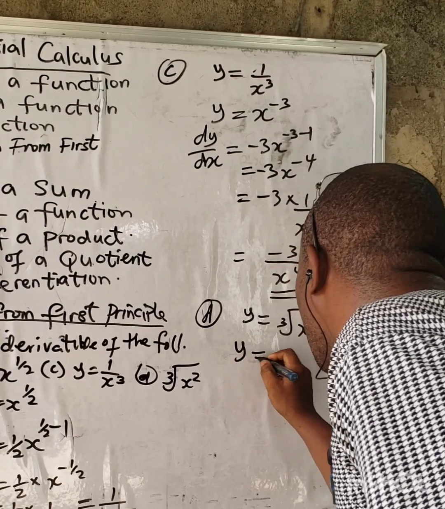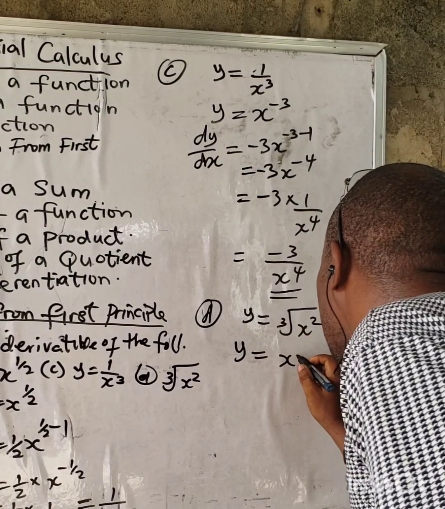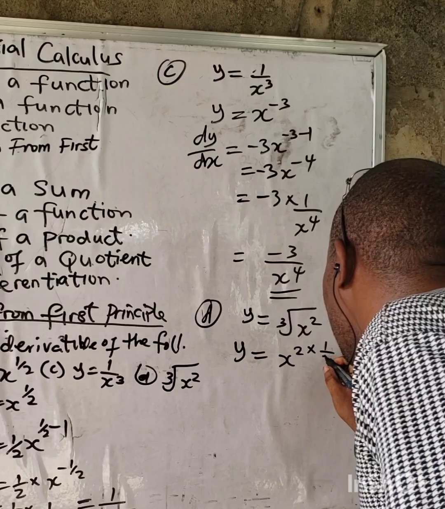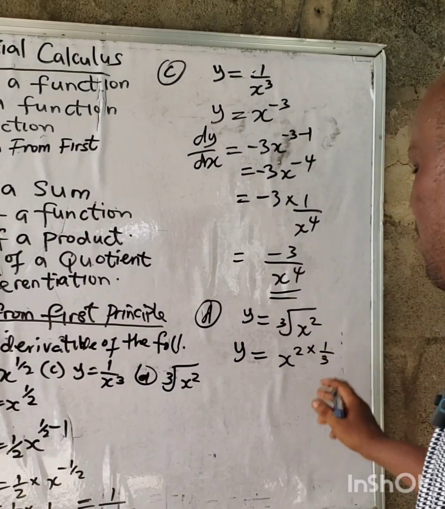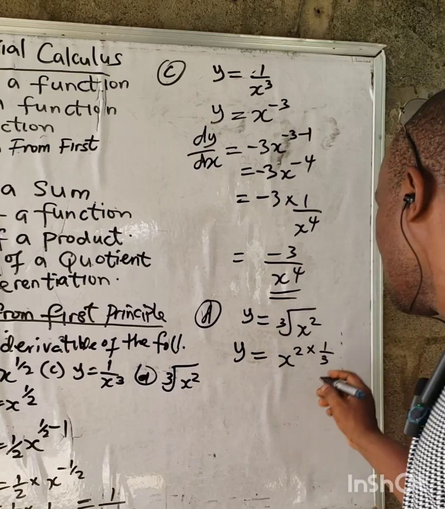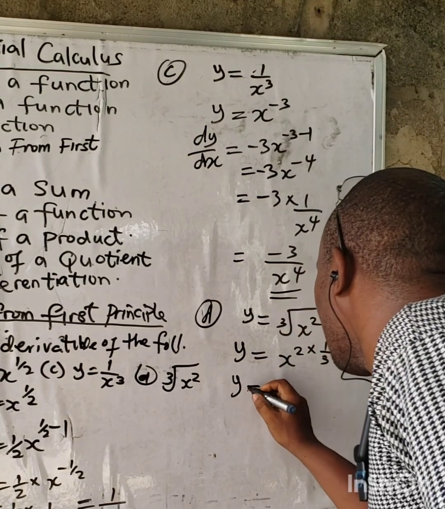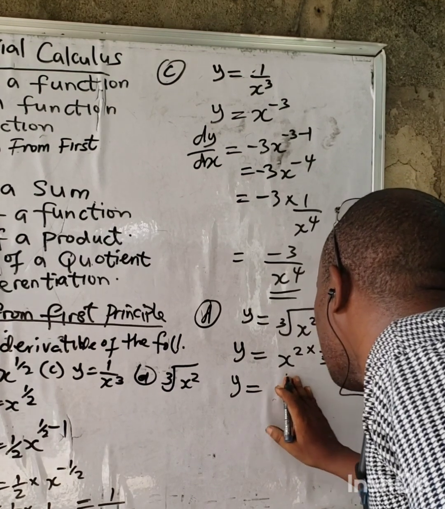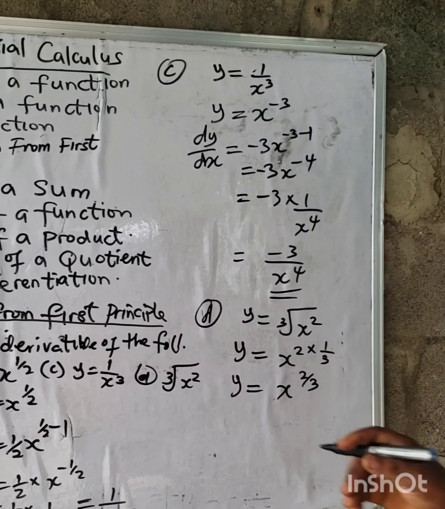This is y equal to s raised to power 2 times 1 all over 3. This 3 means 1 all over 3. Before it can become this, it was 1 all over 3 before. This will become y equal to s raised to power 2 all over 3.